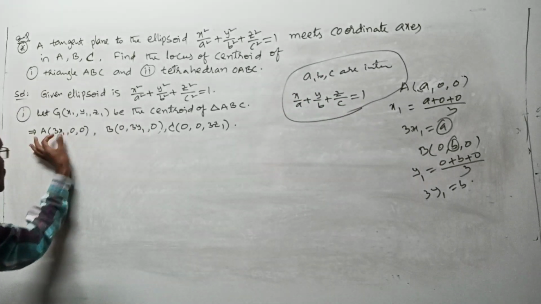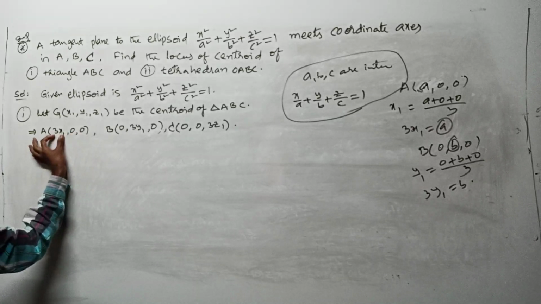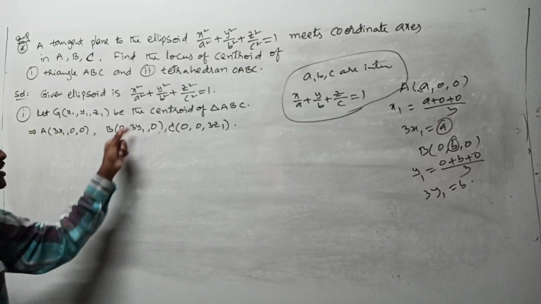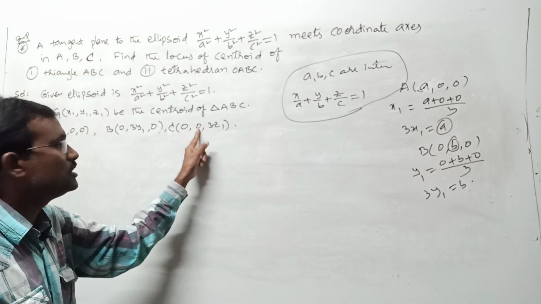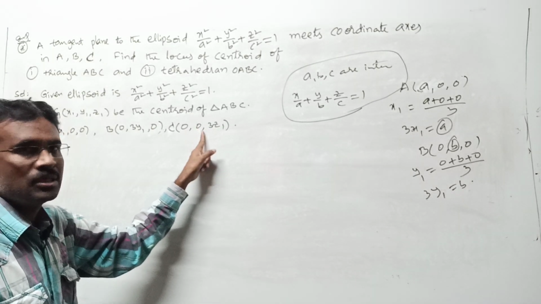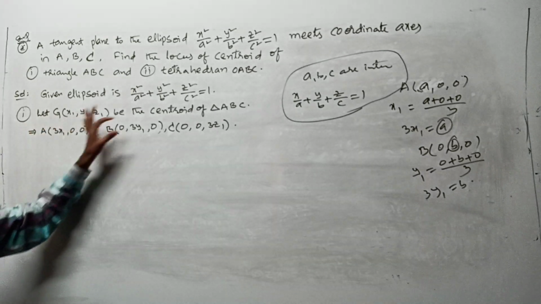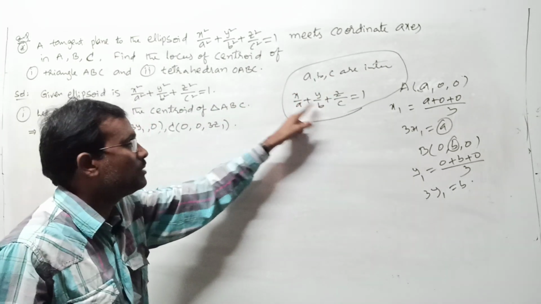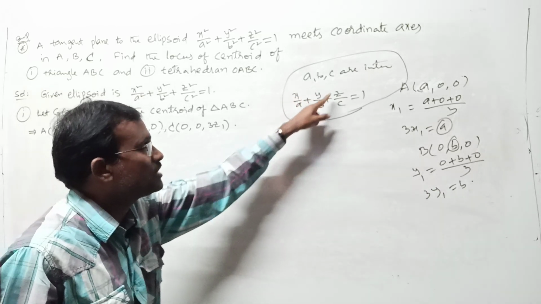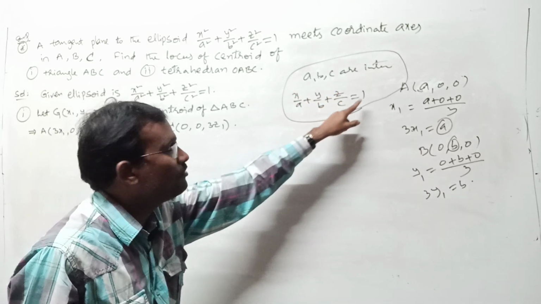Here the x intercept is 3x1, the y intercept is 3y1 and the z intercept is 3z1. Then the equation of the plane is x by 3x1 plus y by 3y1 plus z by 3z1 equal to 1.